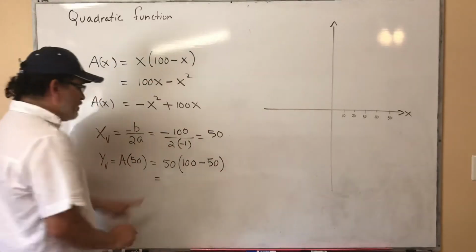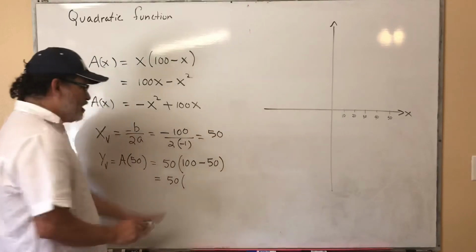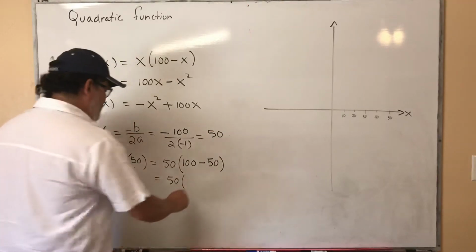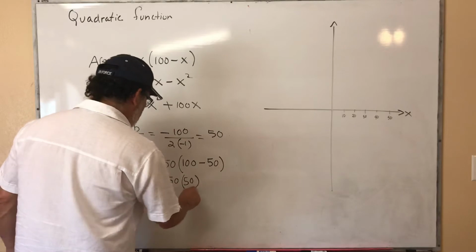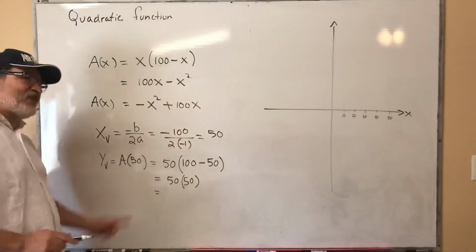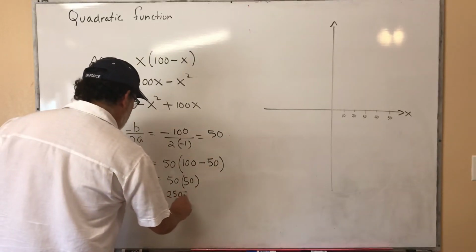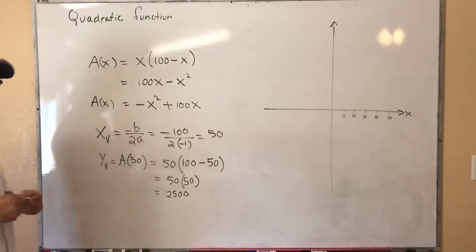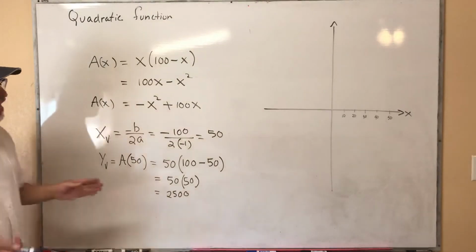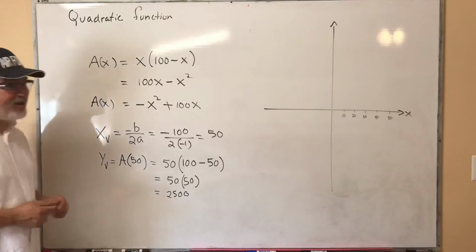And so therefore, this is a 50 times, and what's 100 minus 50? That's a 50. Okay, and what's 50 times 50? What's 5 times 5? 25, 0, 0. Hey, we found the vertex.